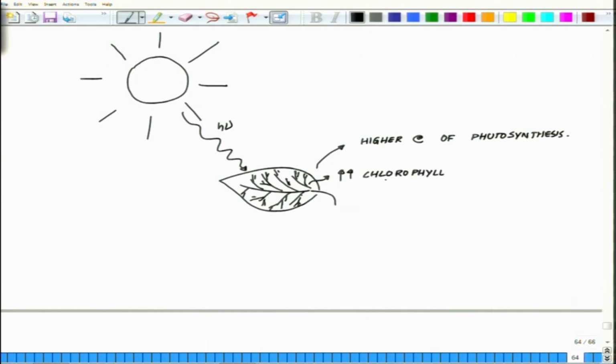This higher level of chlorophyll means you will have a higher level of photosynthesis.